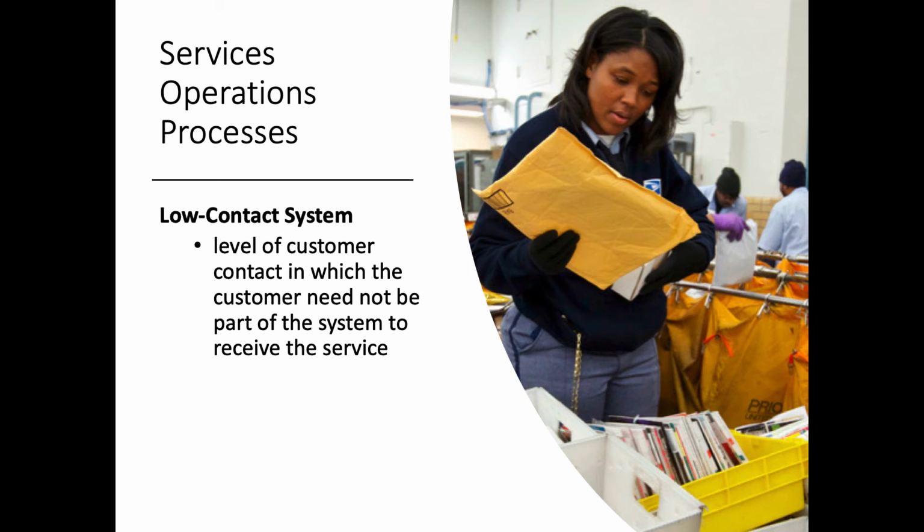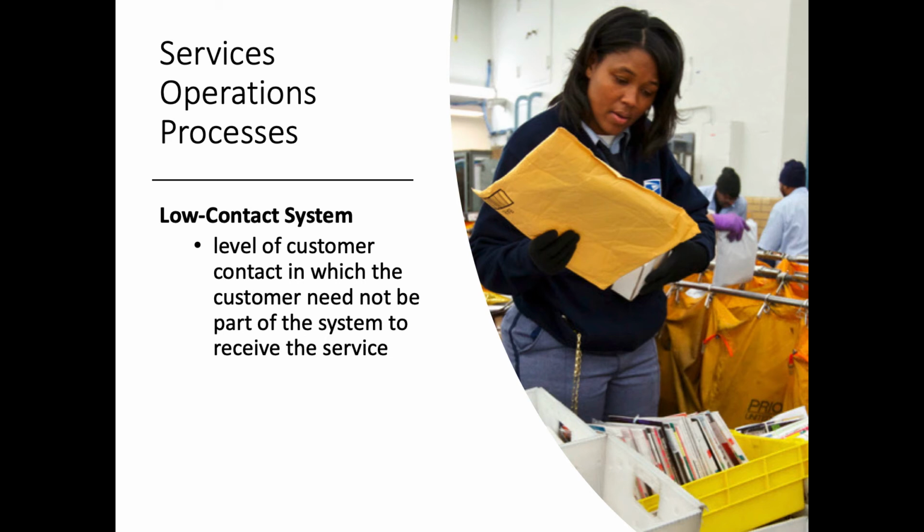What's that? That's the U.S. Postal Service. Quite frankly, the delivery of the mail doesn't really require an enormous amount of customer contact in the system. You just go to your mailbox every day and voila, magic, your mail seems to appear. How does that work? Well, there is an enormous human and mechanical process of sorting and distribution and routing, all of which happens completely apart from the customer being there.